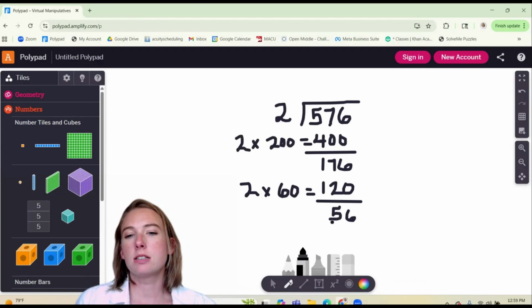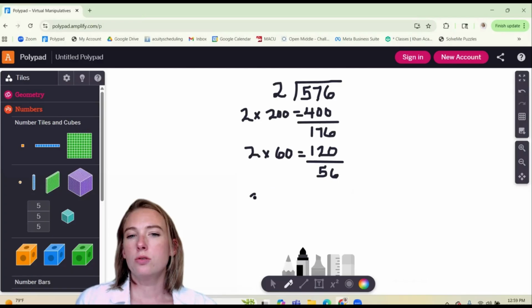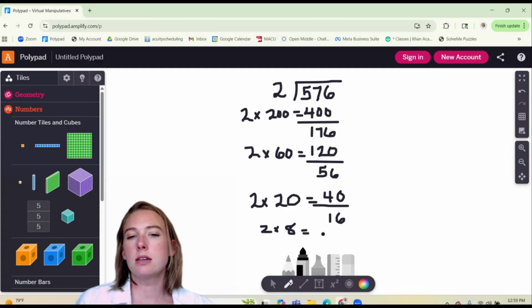Now I'm at 56. 2 times 60 is going to be too big. What about 2 times 20? That's going to be 40. So now we have 16. I know that 2 times 8 is 16. So I'm going to take that away.